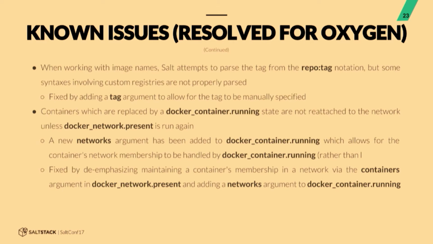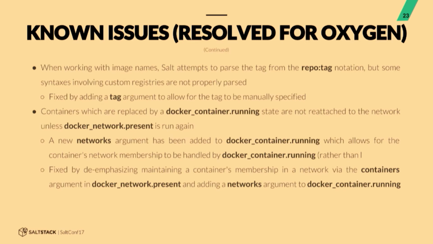Some other known issues right now that we'll have fixed for Oxygen include the following. If you noticed in the isolastic examples, when we're working with an image name, we have people pass the image and tag name in the repo:tag notation, and then Salt will try to parse that out and figure out which tag is being used.